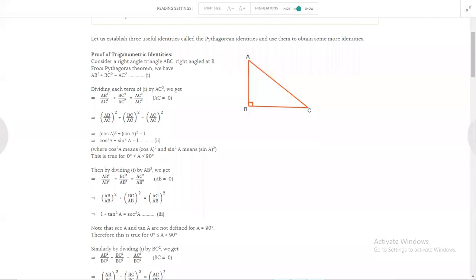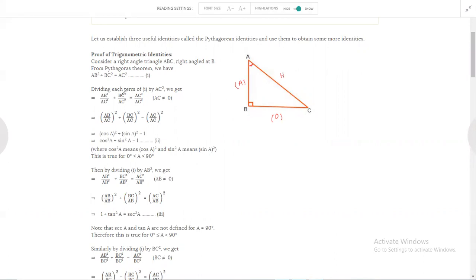Now here, see, take ABC as a right triangle, right angled at B. This is the acute angle A. This is the opposite side, and this is the adjacent side for the angle A, and this is the hypotenuse.